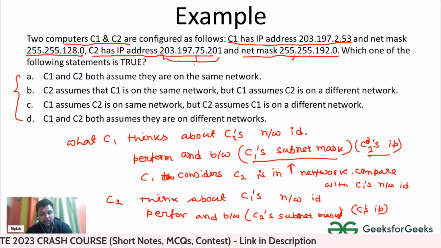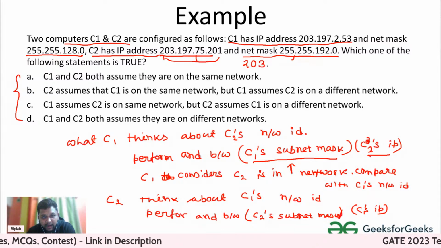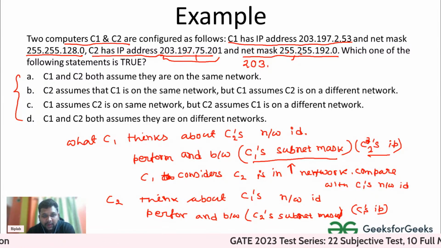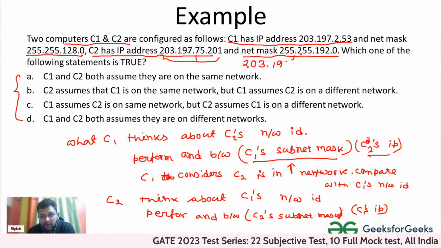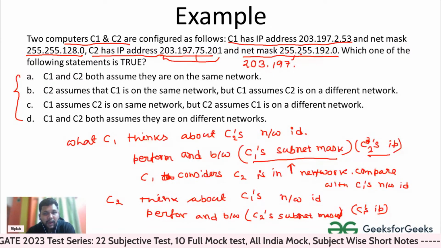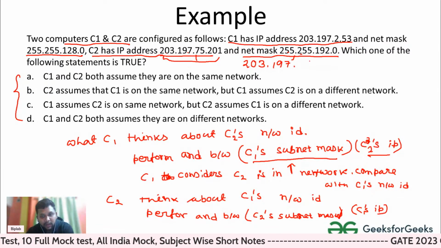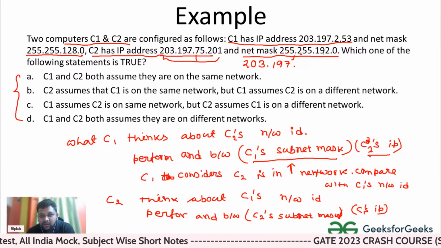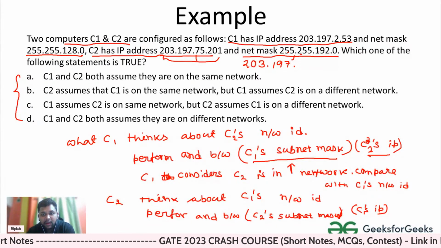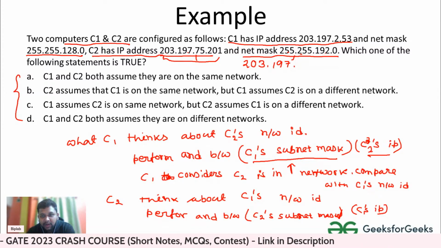That will be 203 because 255 and 203 gives 203, and 255 and 197 gives 197, and then between 192 and 75. You can do it manually, or look at it like this: here you have the 128 bit, and here you don't have it, so this will have 0 in the 128 bit, but in the 64 bit.